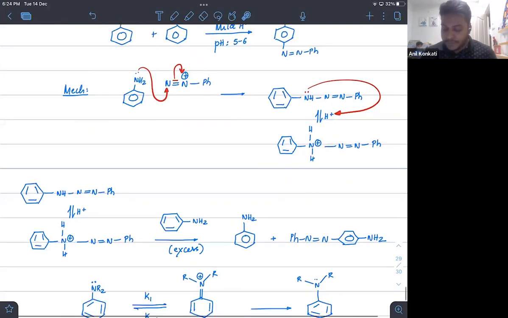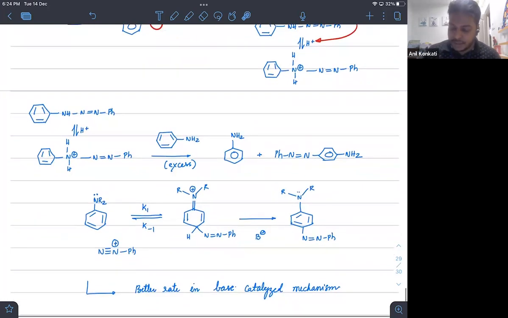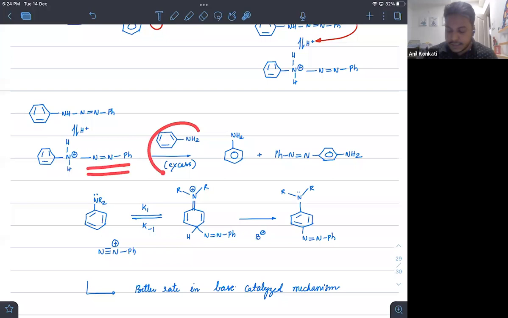Okay. Now, once you have it here, on adding an excess amount of aniline, what would happen? This part, N double bond N with this phenyl and the aniline part which is present here, correct? This entire part will be replaced here.